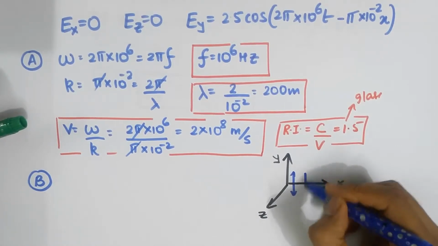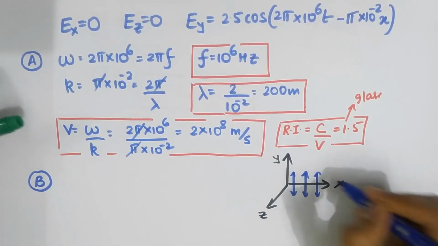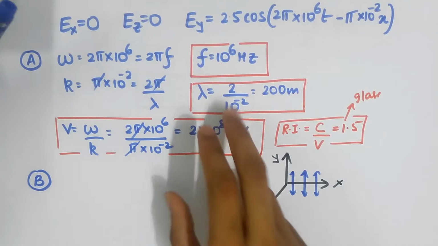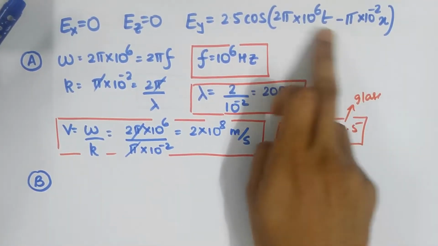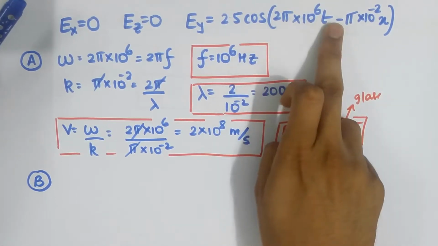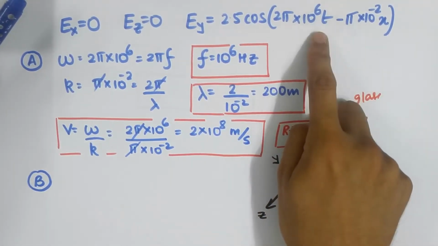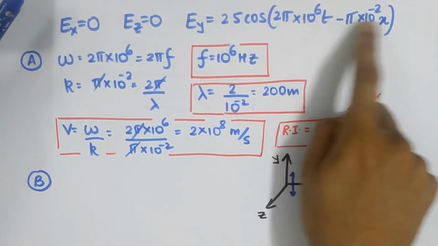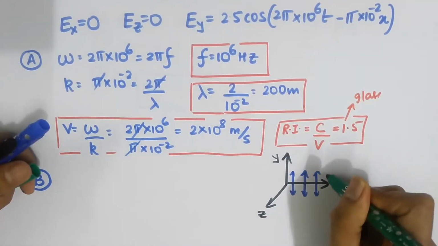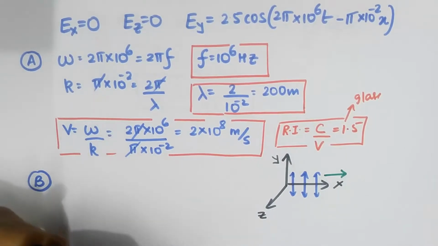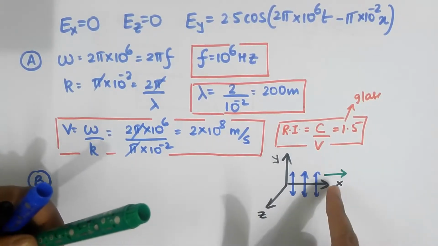This is our electric field. We also know from looking at this minus sign, there's a plus sign here and a minus sign here, that our wave is traveling in the positive X direction. So our electromagnetic wave is moving this way. So the wave is traveling along positive X.